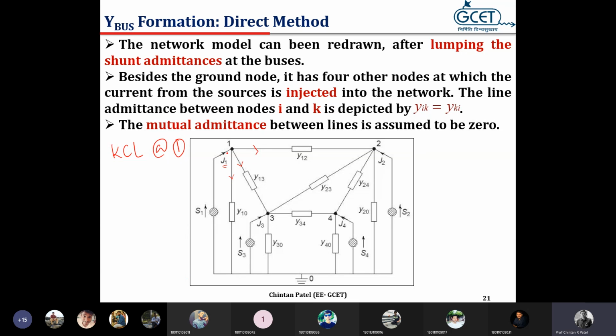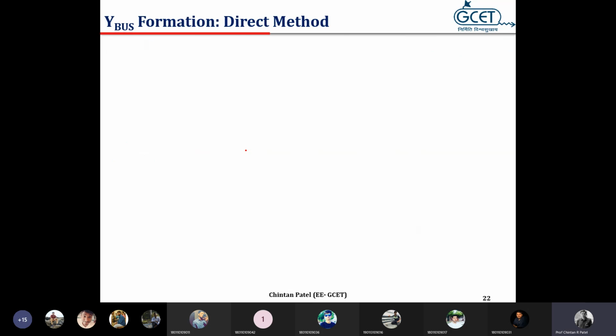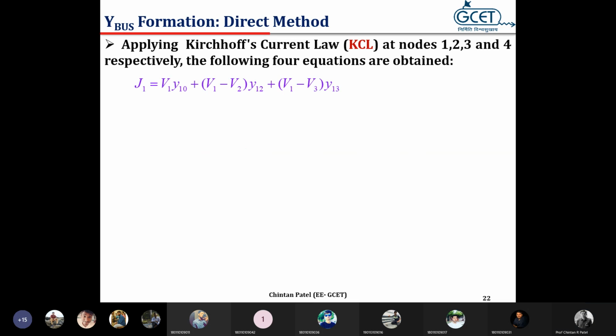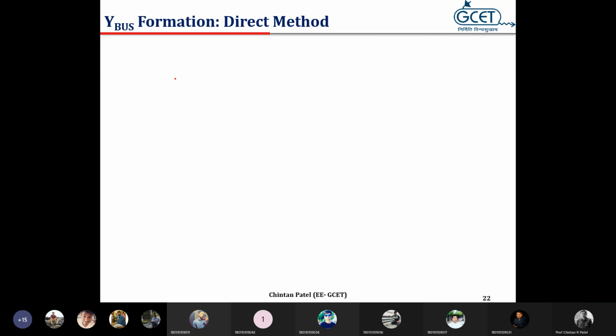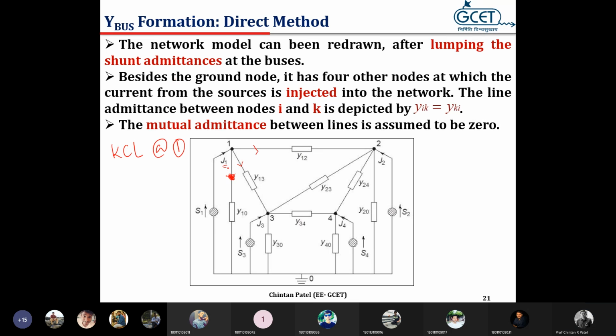So J1 current enters, whereas 3 currents are leaving bus 1. This is J1. If we apply KCL at bus 1, the first current is V1 into Y10. This is also a possible path.